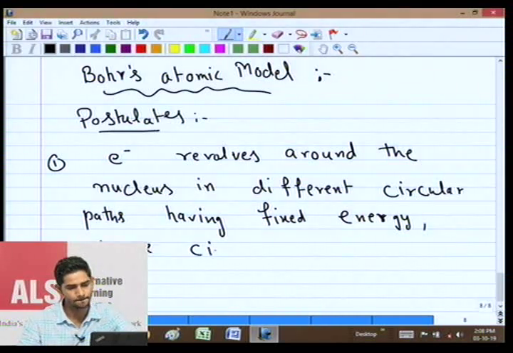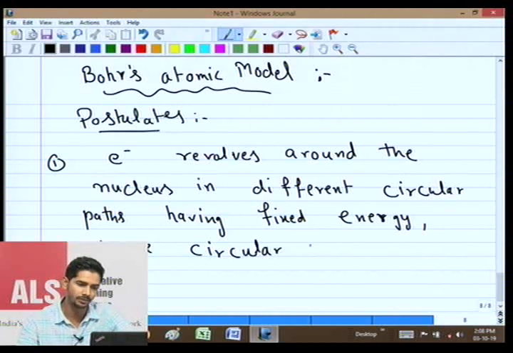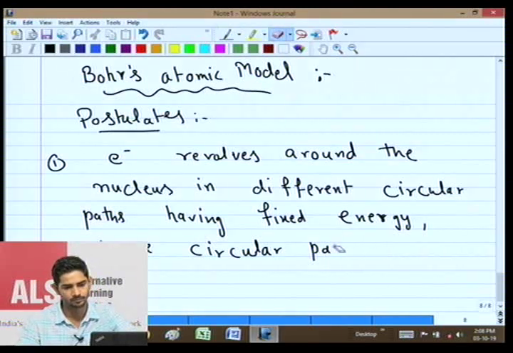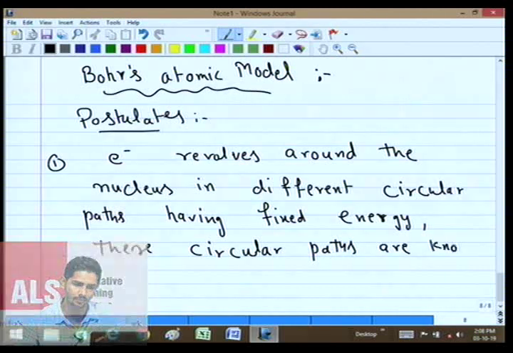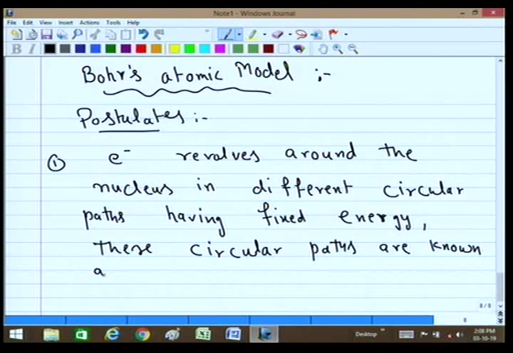These circular paths are known as orbits. First point, copy.